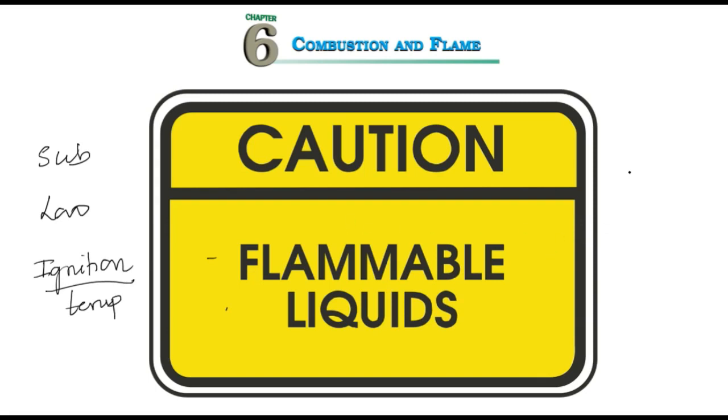For example, phosphorus, symbol P, catches fire at 30 degrees centigrade. That is why it is stored in water. So those which have a low ignition temperature can be called flammable or inflammable substances.